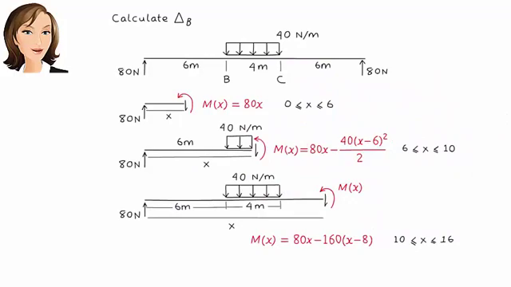First, we need to write the bending moment equation for the statically determinate beam under the applied load. Here there are 3 such equations: one for the left segment of the beam, one for the middle segment, and one for the right segment.